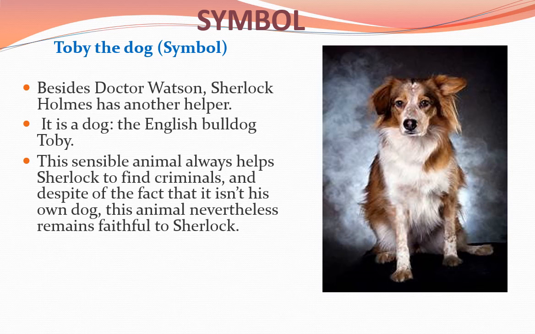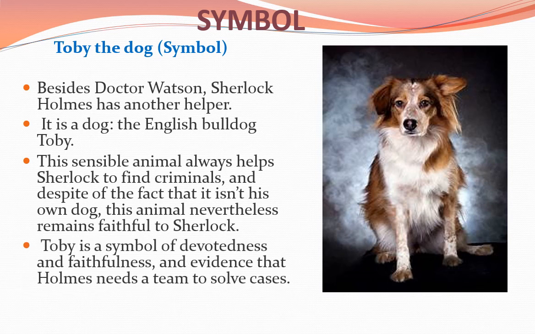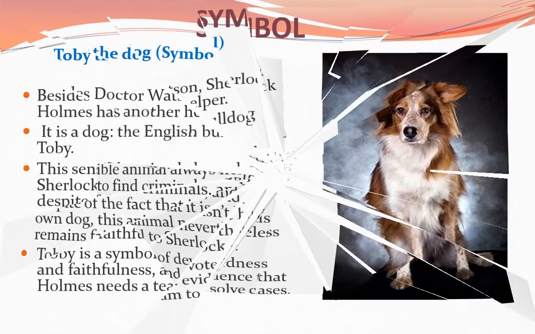This sensible animal always helps Sherlock to find criminals, and despite the fact that it is not his own dog, this animal nevertheless remains faithful to Sherlock. Toby is a symbol of devotedness and faithfulness and evidence that Holmes needs a team to solve cases.